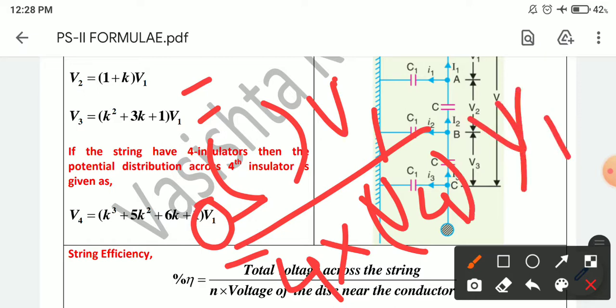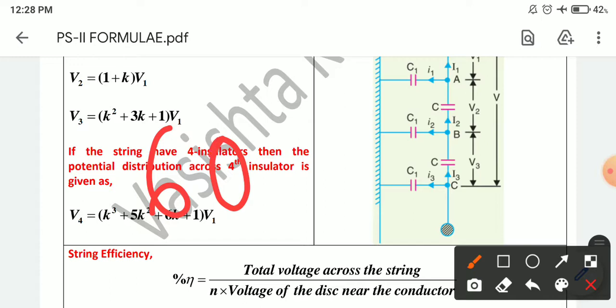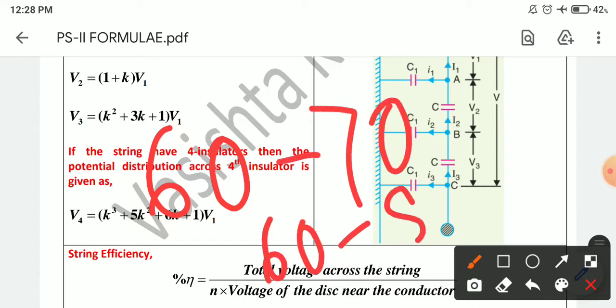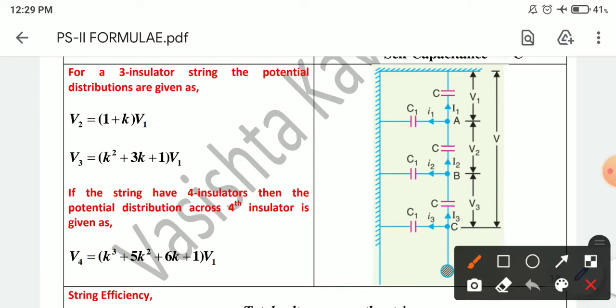So V1 gets cancelled, and if you multiply by 100, you get the string efficiency. Note that the string efficiency value is generally 60 to 70, or sometimes 60 to 80, but not beyond 80. The main reason for the decrease in string efficiency is the shunt capacitance only. In the absence of shunt capacitance, the string efficiency would be 100%.